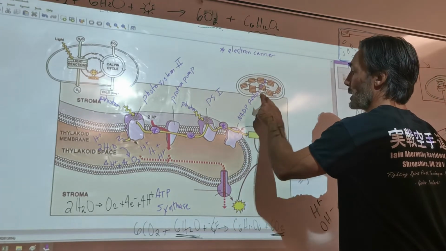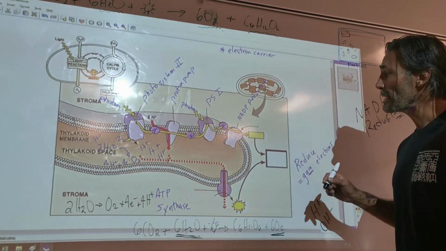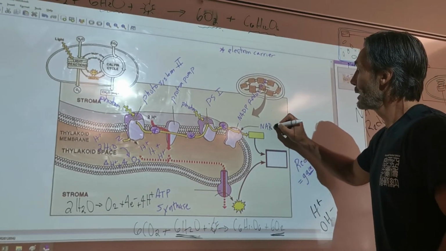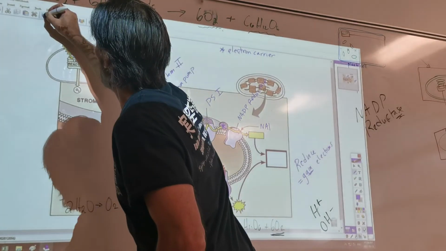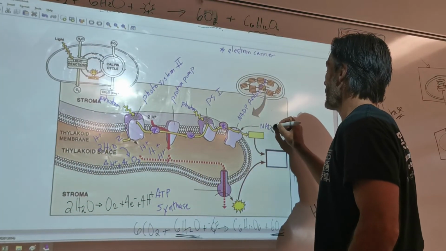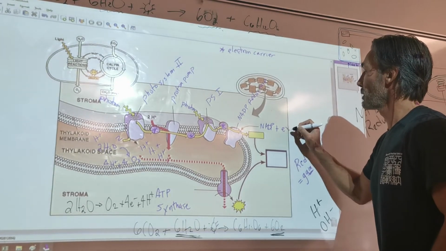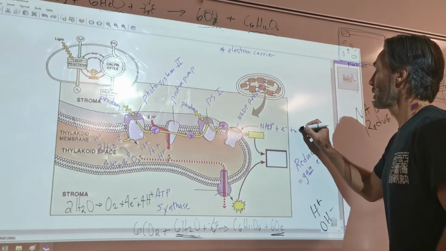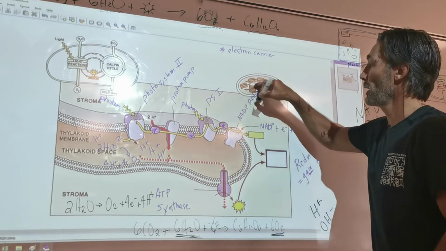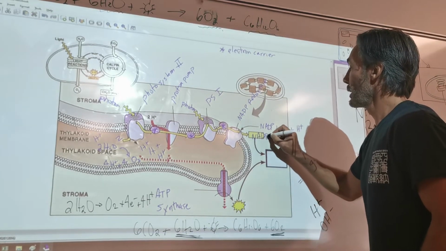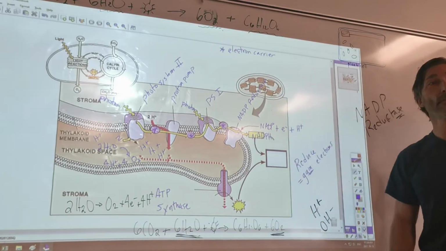They're not going to be used to create a proton gradient like over here, but they're going to be passed on to NADP reductase. And that enzyme is going to take NADP plus electrons, right, plus some hydrogen ions, which are found out here, and we're going to make NADPH.